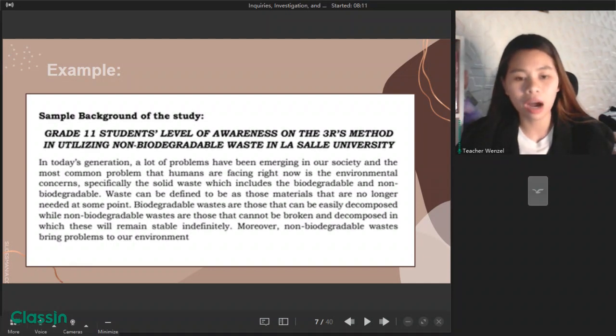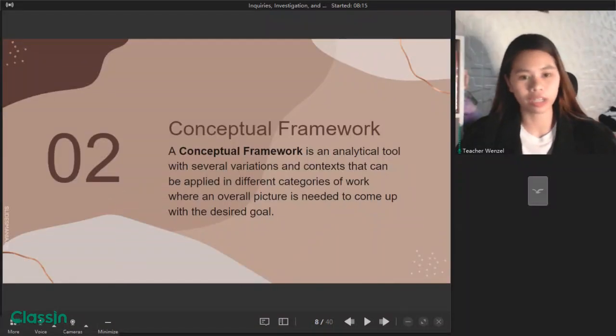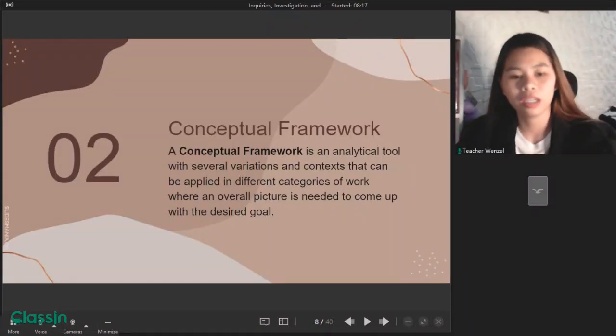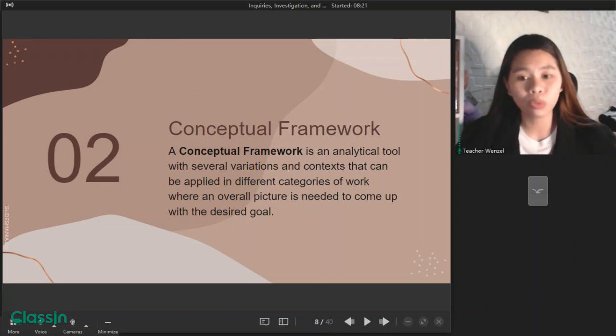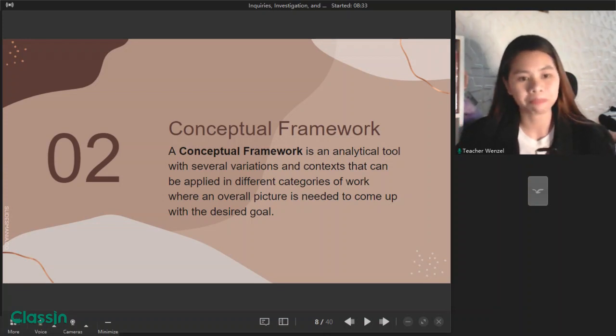Okay, so next we have conceptual framework. Okay, so a conceptual framework is an analytical tool with several variations and contexts that can be applied in different categories of work where an overall picture is needed to come up with the desired goal.